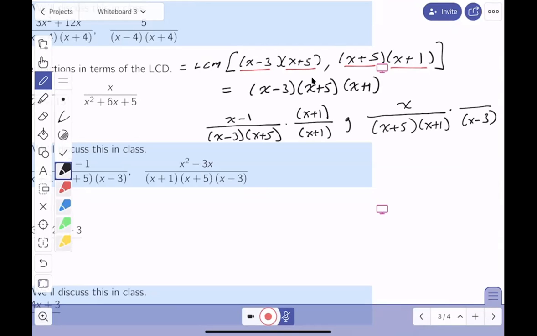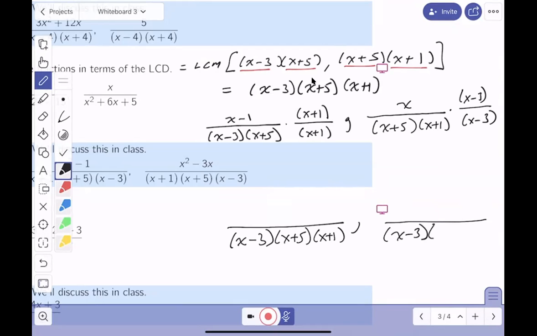I realize some students are disturbed that this is not in the same order, but I'd like to write them in the same order. So I'm going to write both fractions down, and they're going to have the same order in denominators. Now, you can multiply the bottom out, but I don't think it's a good idea. I'm going to write the other one down as x minus 3.